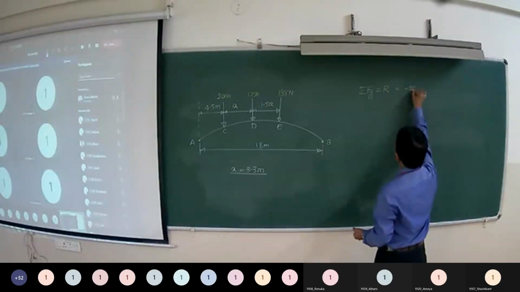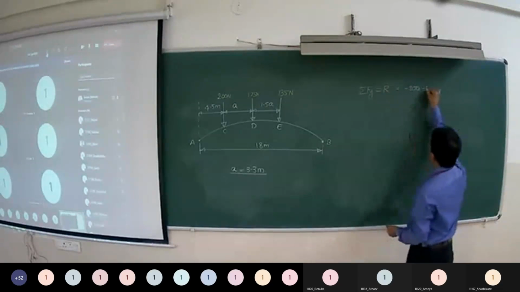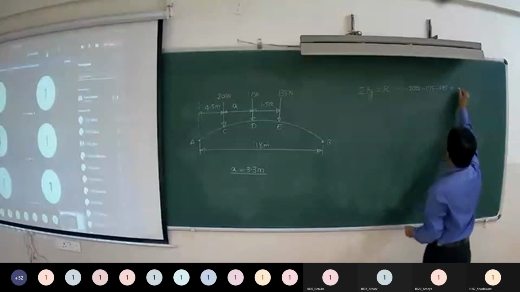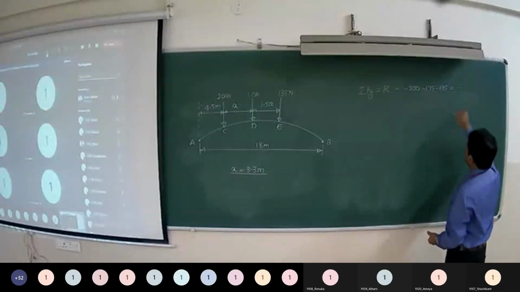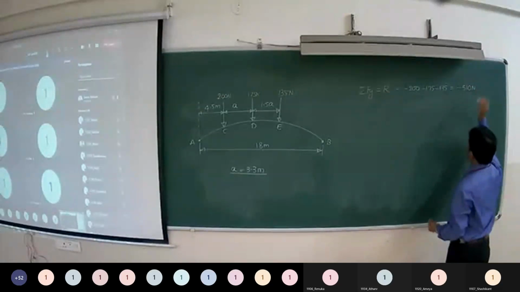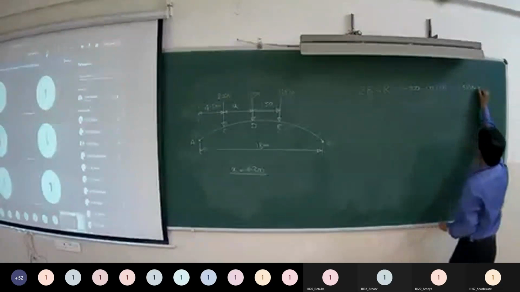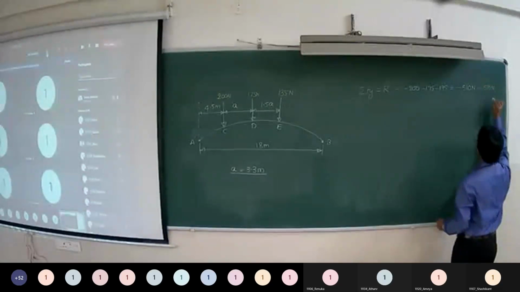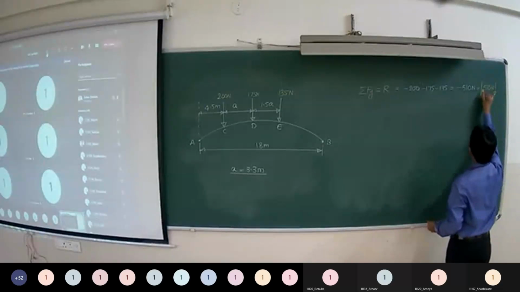It is minus 200, minus 175, minus 135, so it is minus 510. So the magnitude of the resultant is 510 Newton, direction is vertical, sense is downwards.